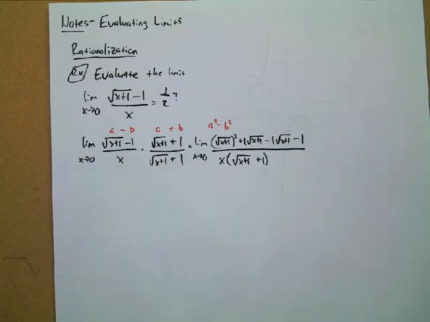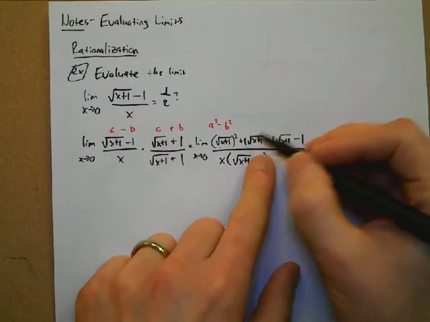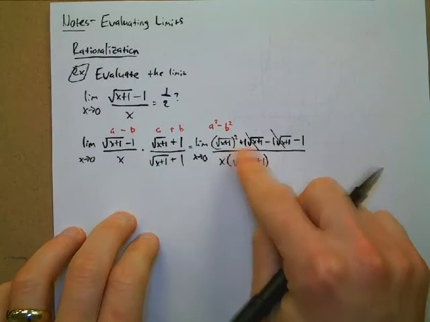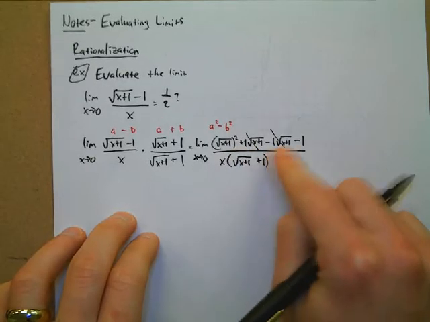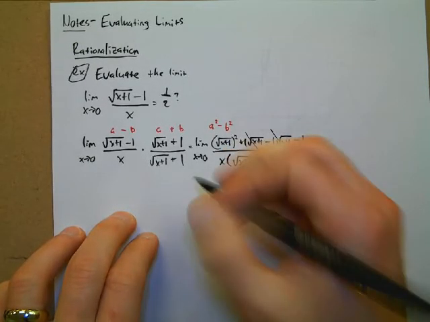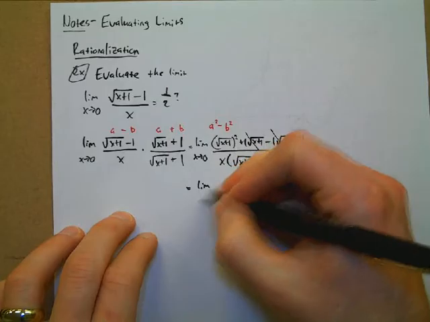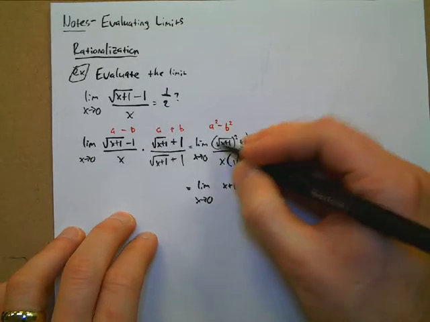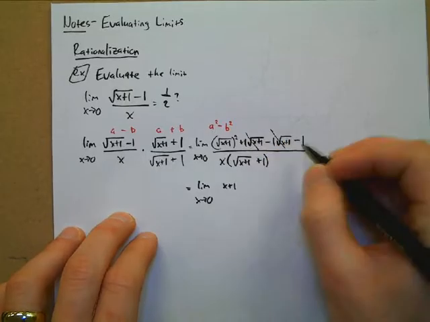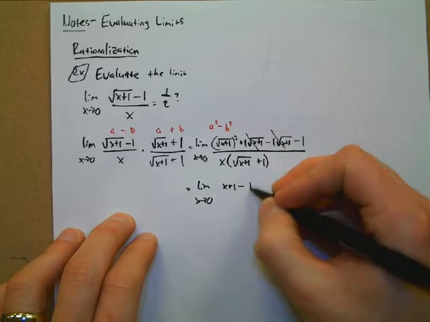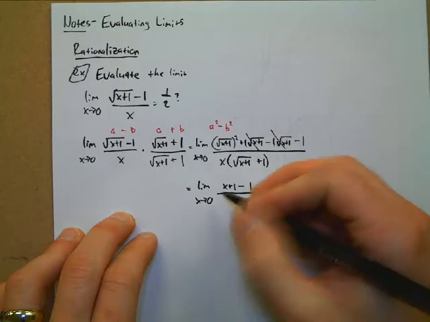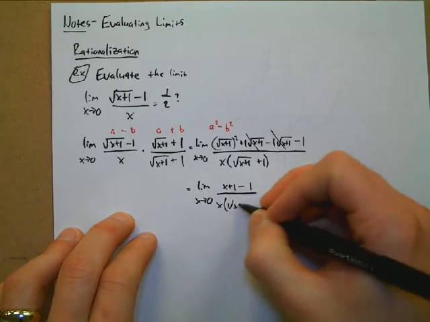But the beauty of this is that those middle terms cancel. Because it's a positive 1 root x plus 1 and negative 1 root x plus 1. And when we square that square root, it cancels. And so we're left with just x plus 1 here, squaring that square root, and we're left with a minus 1. That's all that's left in the numerator there. Over, and then we have x times the square root of x plus 1 plus 1, like that.